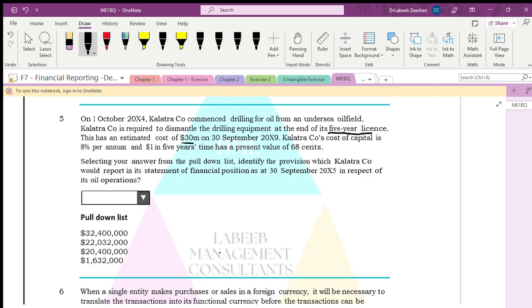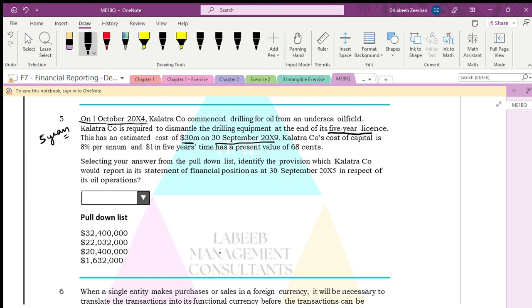Dates are very important. In the examination, first underline the dates. October 2004, 5, 6, 7, 8, 9. You get 5 years.